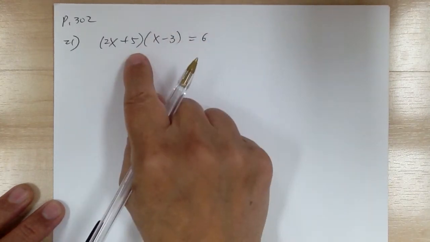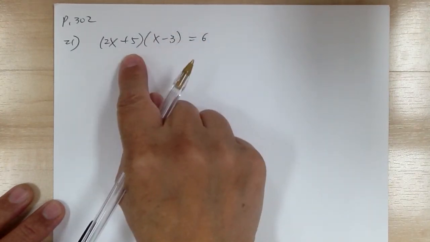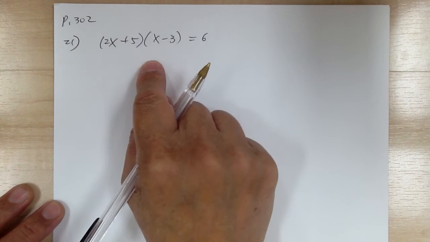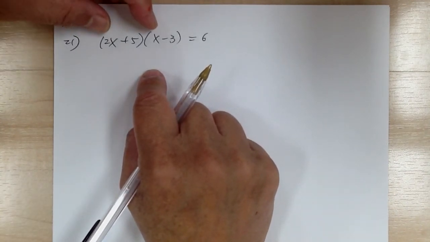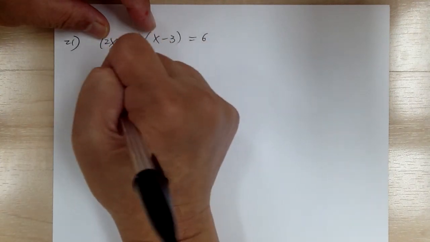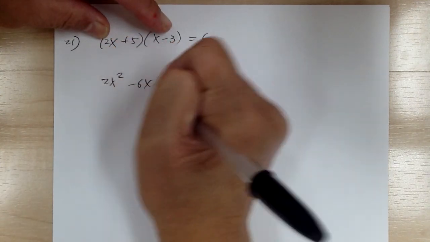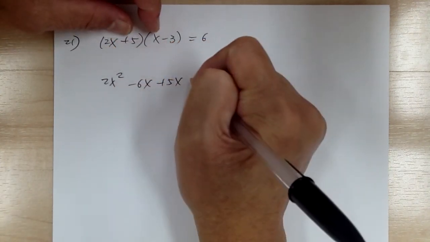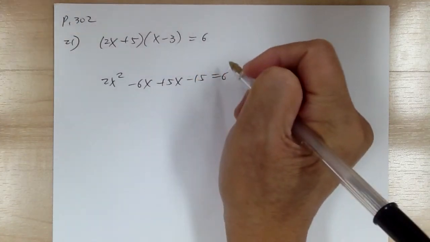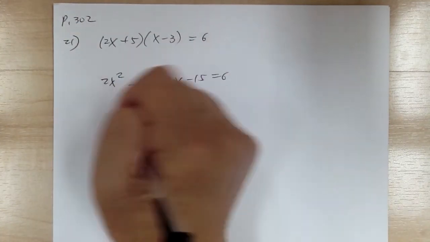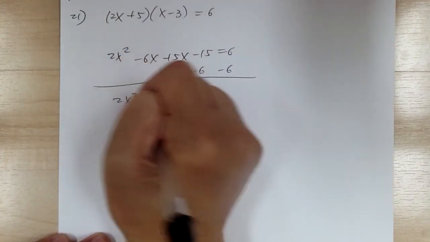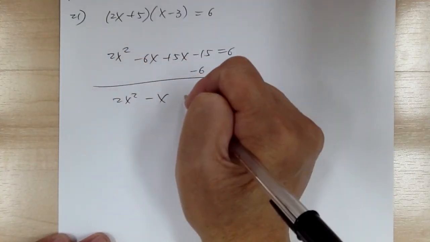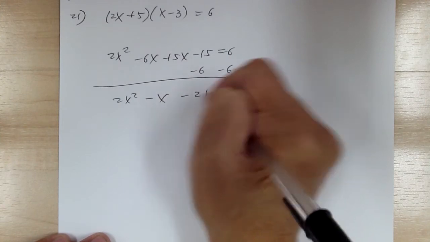So this one is not equal to 0, so the factoring is no good. So you need to go ahead and multiply out. So you're going to get 2x squared minus 6x plus 5x minus 15 equal to 6. And then after that, go and minus 6 on both sides. So I get 2x squared minus x minus 21 equal to 0.